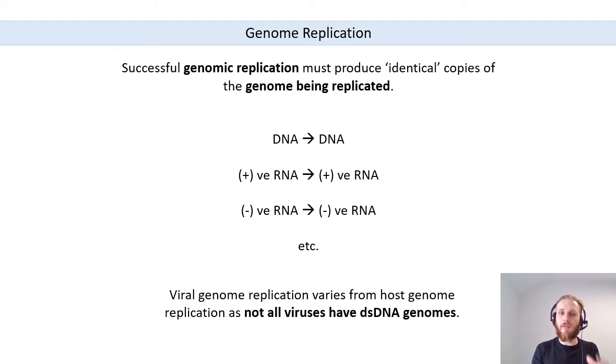And this is identical not just in molecular format in the sense that it is RNA, but also in the sense that it is positive RNA, because it should be exactly the same. The strand sequence should be exactly the same. So if the original genome is positive sense, the genome copy should be positive sense. Same for negative sense, and same for any other genome format. It needs to be an exact copy.